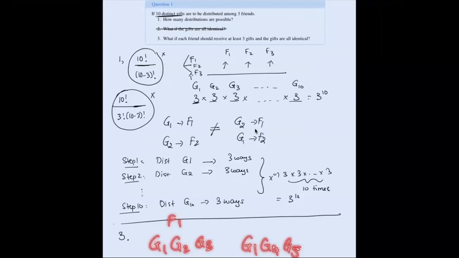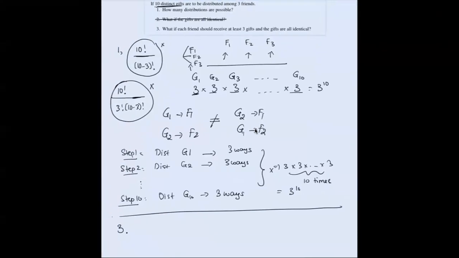Then you would have to account for the label of the gift. But here, all the gifts are the same. So you can think of all the gifts as just the single letter G. So you cannot distinguish between any two gifts.